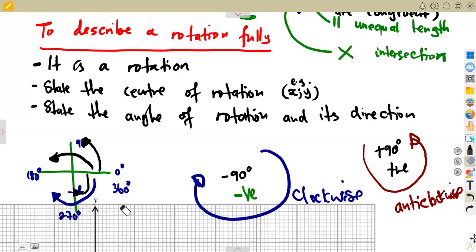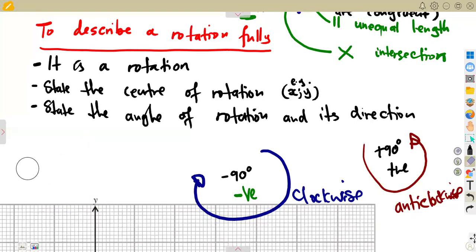So that's the idea of the angle. If you want to write it in terms of the direction, in terms of a sign, a negative is for the clockwise, positive, anti-clockwise.